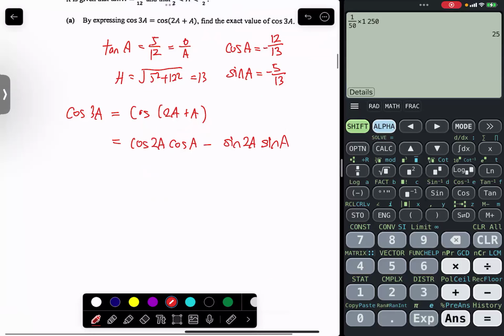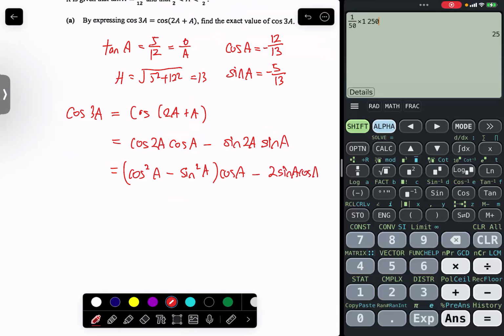Okay, cos 2A can be simplified into a few things. Okay, it depends on what you want to convert it into. So an easy one would probably be cos²A minus sin²A, multiplied by cos A, minus 2 sin A cos A sin A. Okay, so no need to think too much.